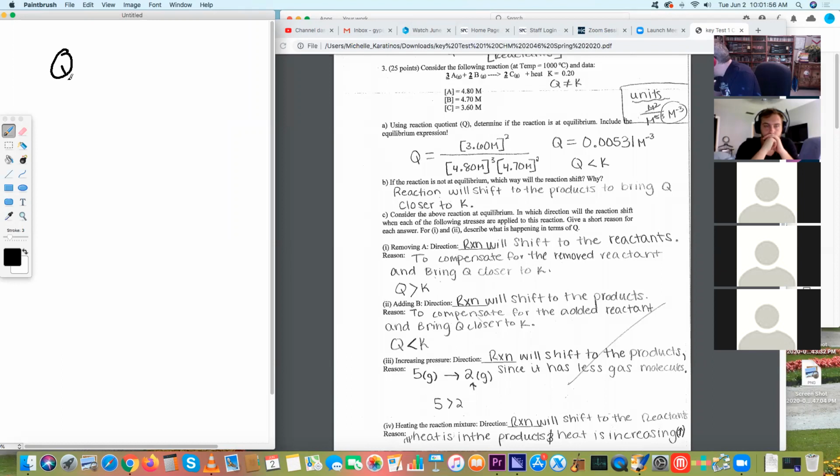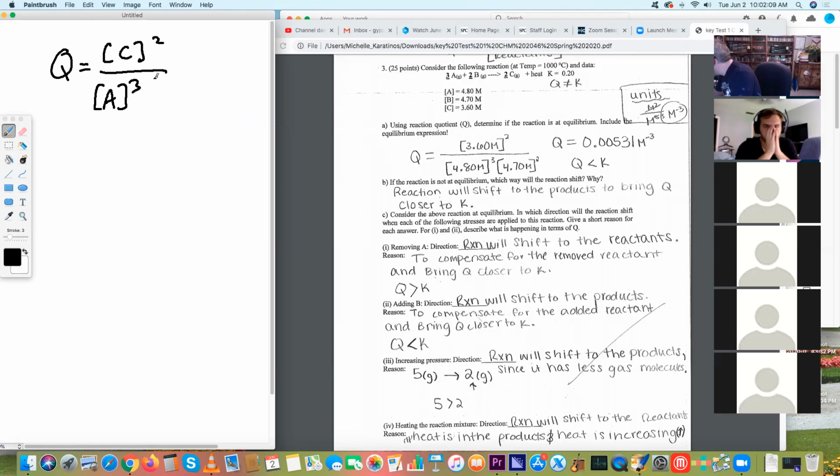And we've got Q, which equals products over reactants. And it's going to be all of the products multiplied together over all of the reactants multiplied together. So you see, by multiplying together, I mean C2C becomes C squared, or C times C. Likewise, A3A becomes A cubed, or A times A times A, and then that's multiplied by B squared as well.